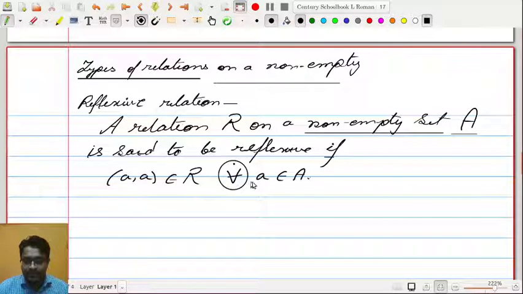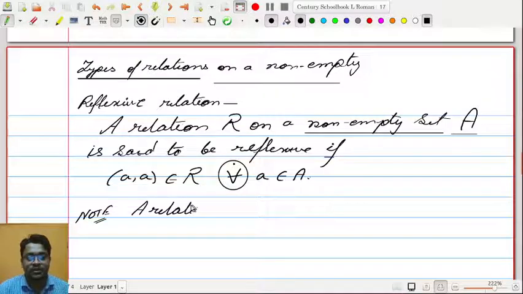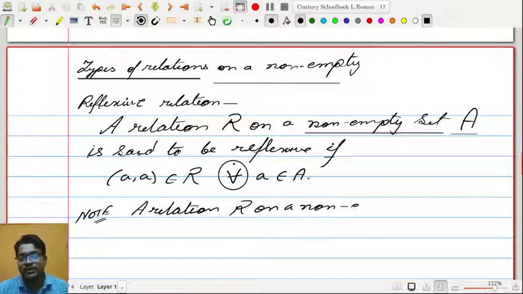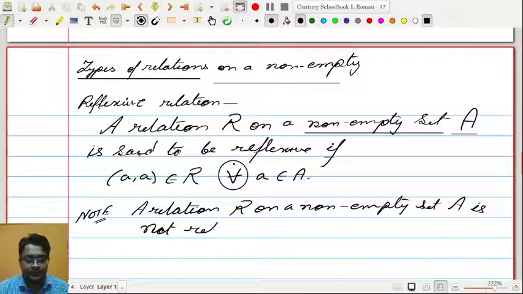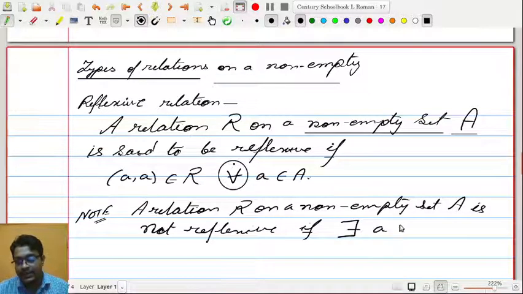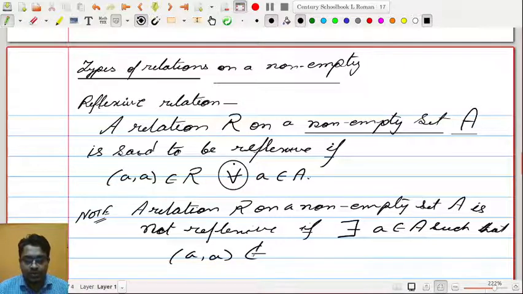So a relation R on a non-empty set capital A is not reflexive if there exists an element a inside capital A such that (a, a) doesn't belong to the given relation.